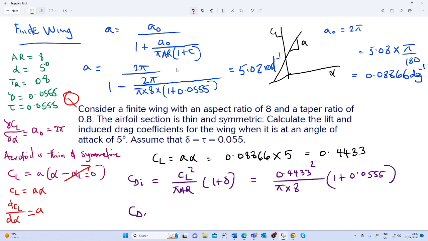Our calculated CDI, which is the induced drag coefficient, equals 0.00825.